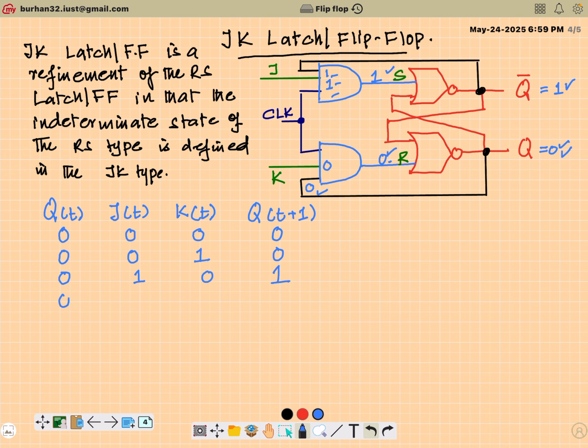Similarly, if my current state is 0, J is 1, K is 1. Now this was the condition that was creating problems in the basic SR latch. When both the inputs were equal to 1, our latch went into the indeterminate state. Now let's check here what happens. J is 1, K is 1, and my current state is still 0. So that persists, so one of the inputs will be 0.